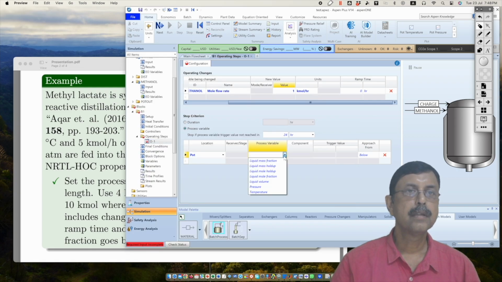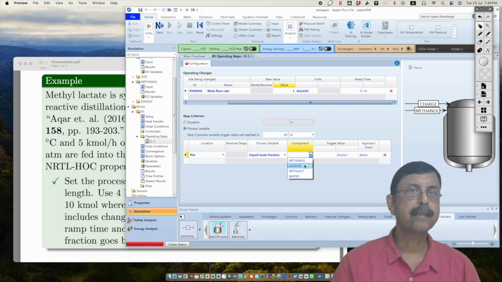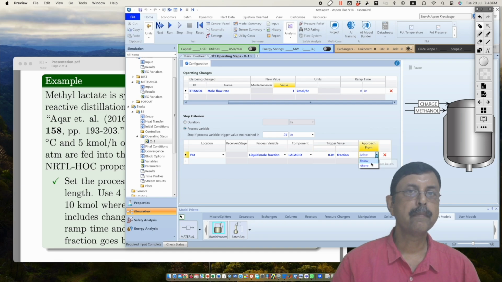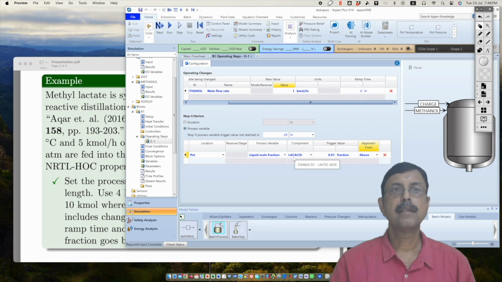So the liquid mole fraction of component lactic acid goes below 0.01, and approach from above, because in general the lactic acid charge is 70%.